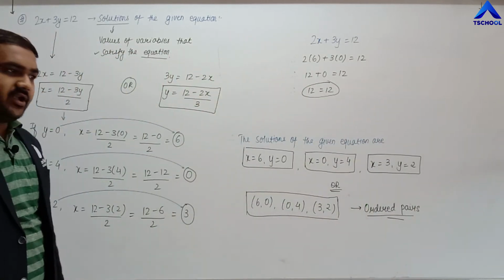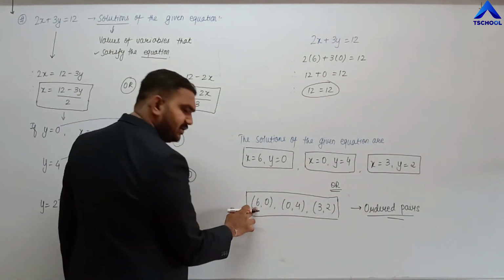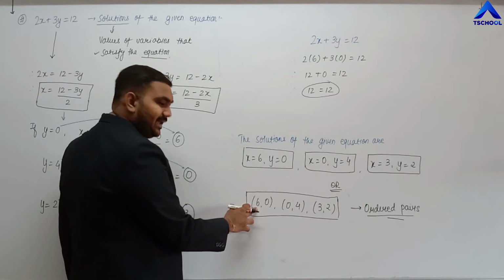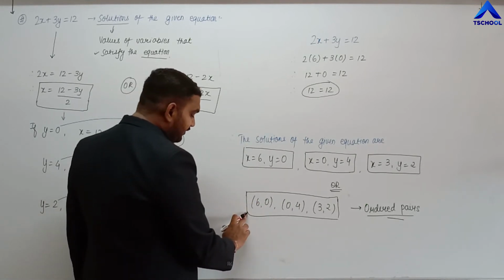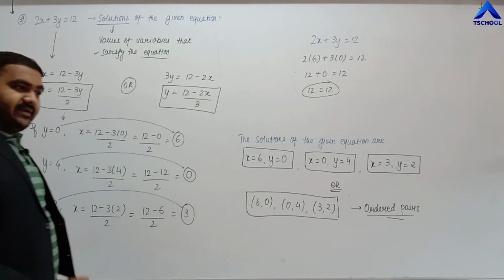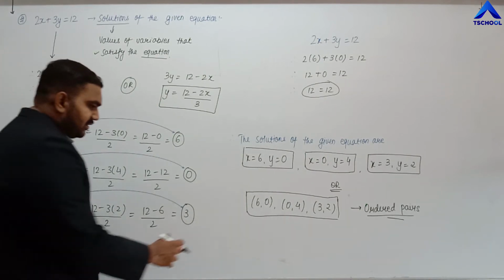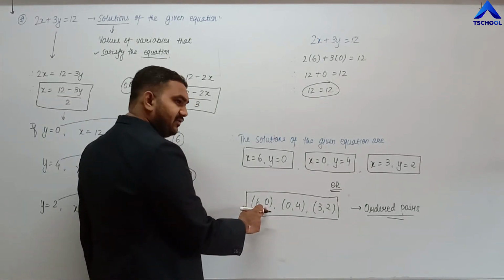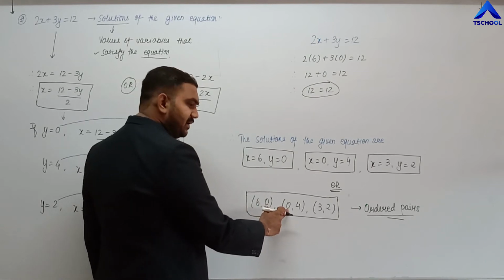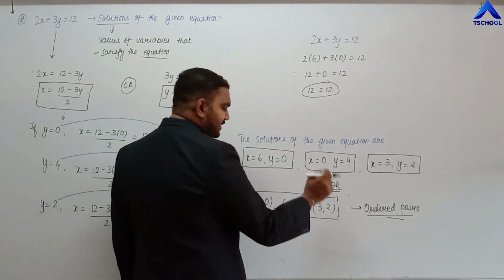Ordered pairs means the first number will be the value of variable x and the second number will be the value of the variable y. They will come in order everywhere: value of variable x, value of variable y, similarly x and y, similarly x and y.